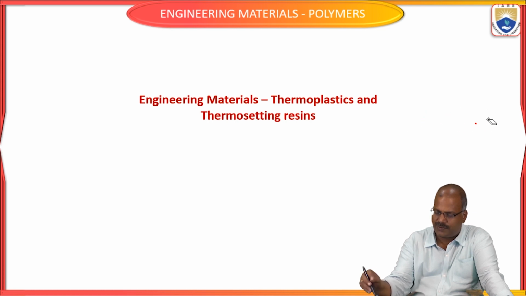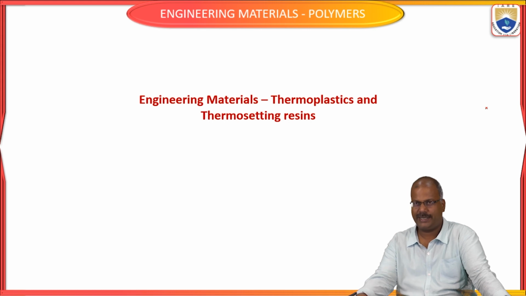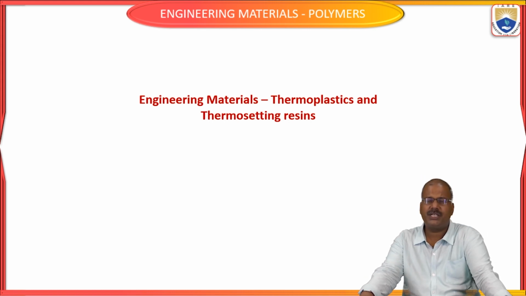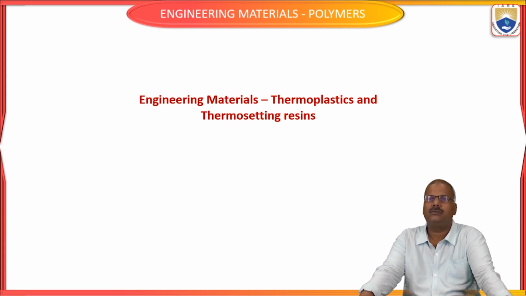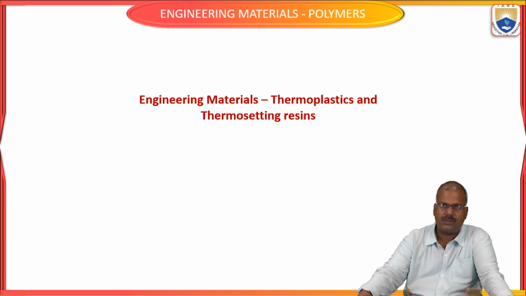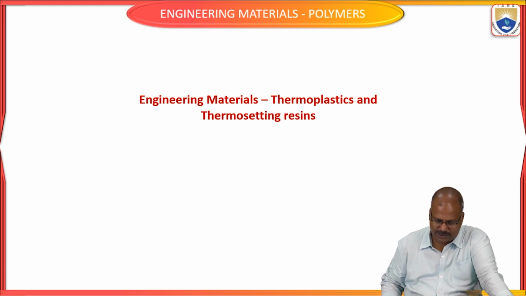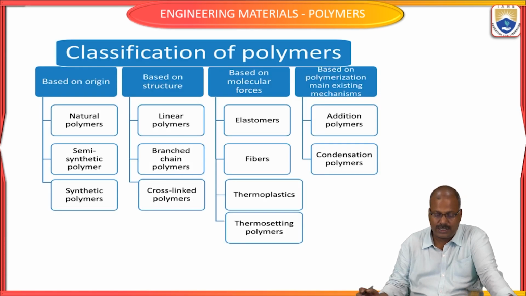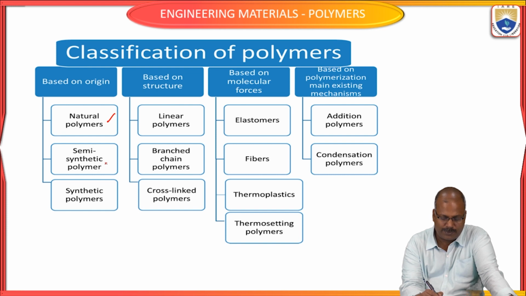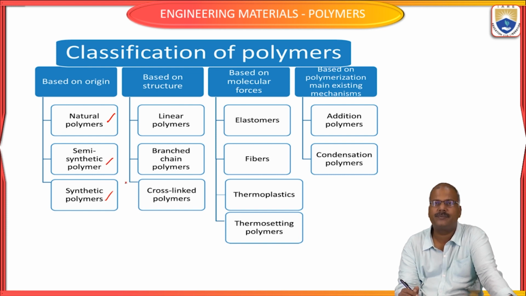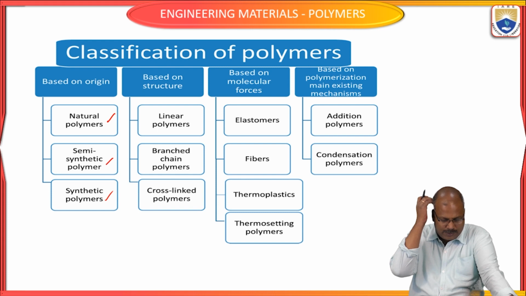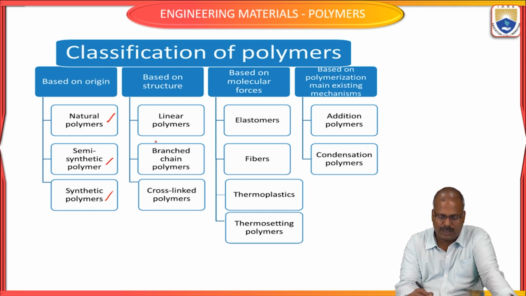In the last video we have seen classifications based on different categories: nature of the monomer, based on intermolecular forces, based on polymerization, like that. Now we will continue seeing thermoplastics and thermosetting resins in this engineering materials topic. In the last class we saw, based on origin, natural polymers, semi-synthetic and synthetic polymers, and their examples.